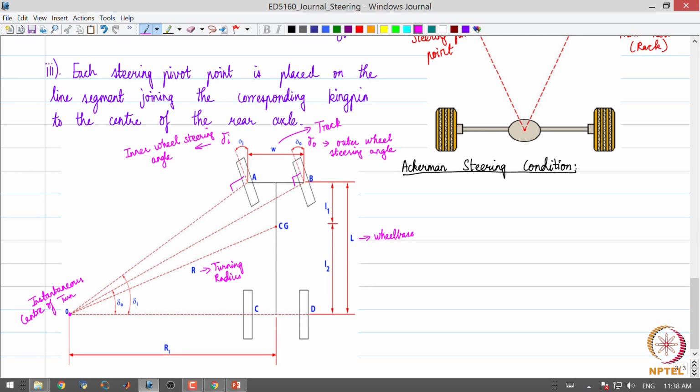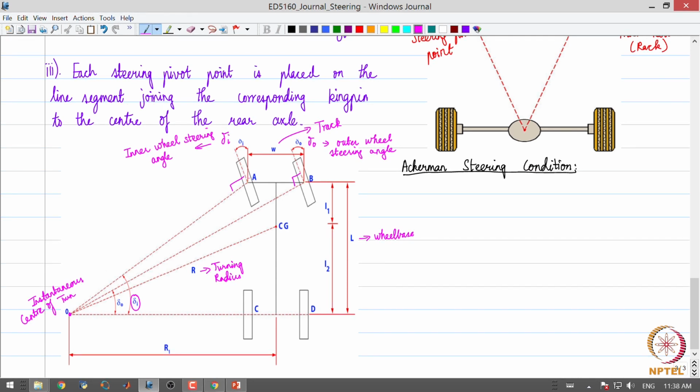Now we can immediately observe that this angle is also delta I. Why? Because the two line segments are mutually perpendicular to the other two line segments, and the included angle between two sets of mutually perpendicular line segments is the same.